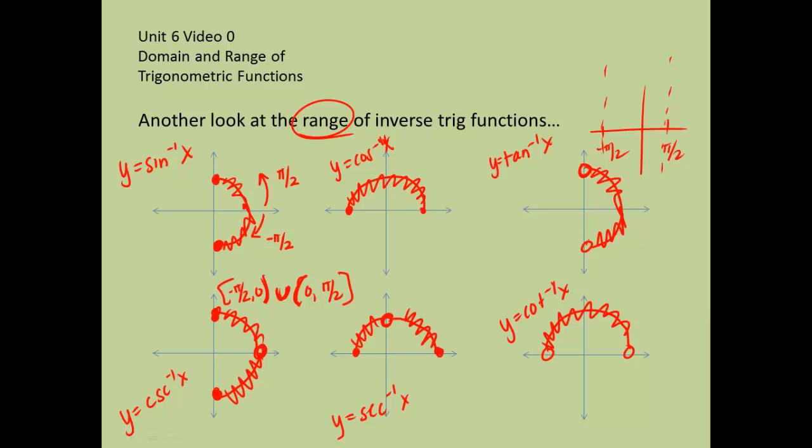Also, big thing here, if you notice between all 6 of these trig functions, not a single inverse trig function produces a value from the third quadrant. That's a big thing. So you're really left with all of these producing values from the first quadrant, and then half of them split and share a value from the second and from the fourth. But none of them are from the third.